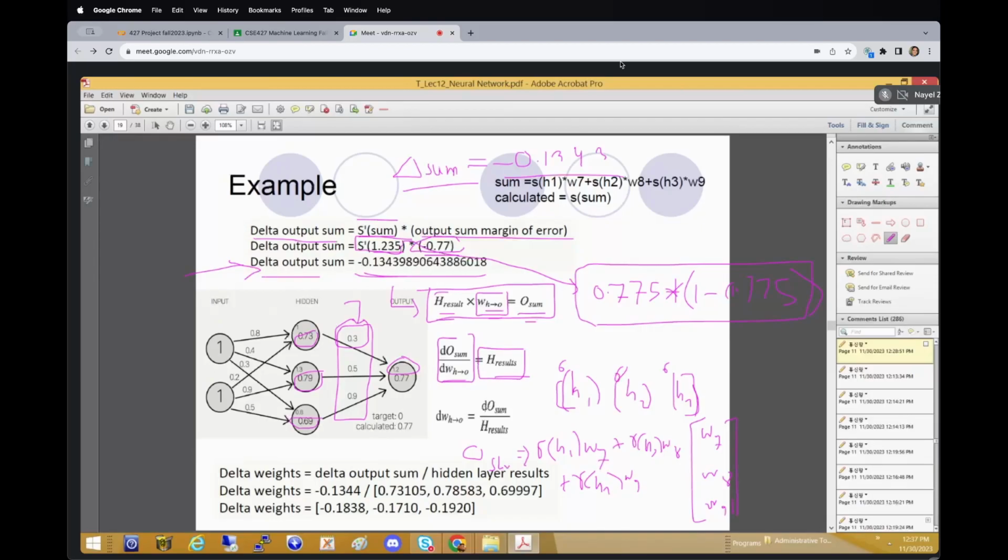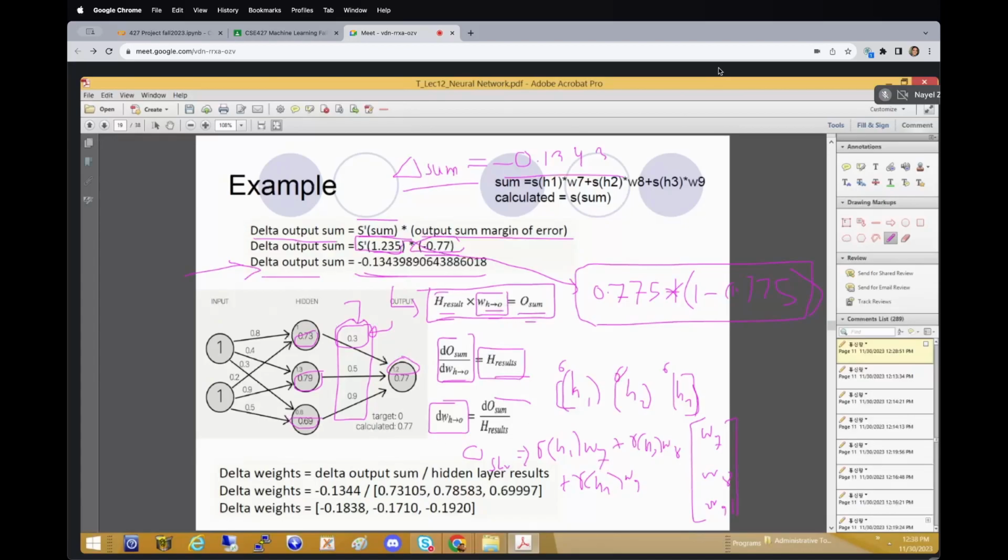What we need to know is how much we need to change the weights who. So it will be delta output sum divided by the hidden layer results.